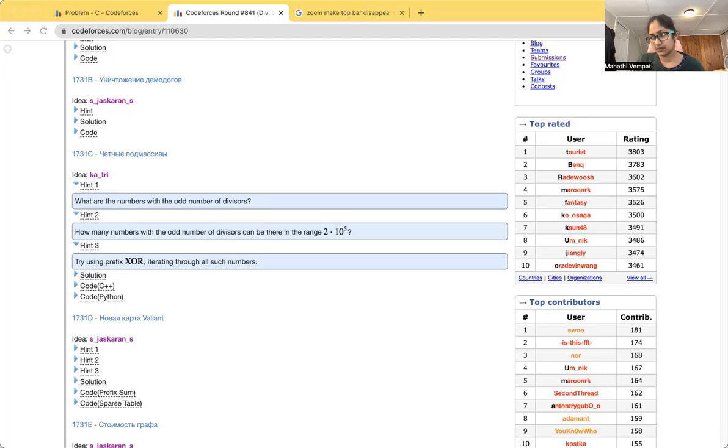If you have the numbers n, right, you would represent them using log n bits, right? And the biggest number is all of those bits becoming one, right?